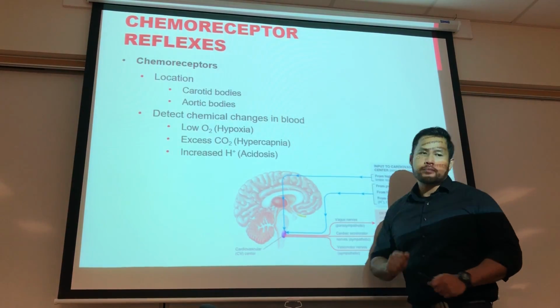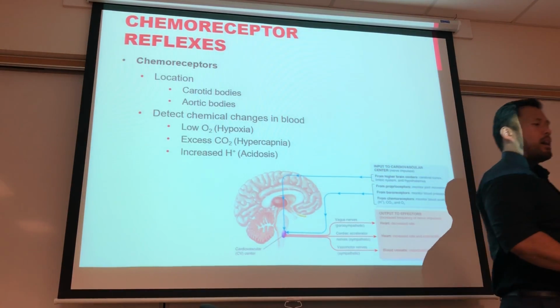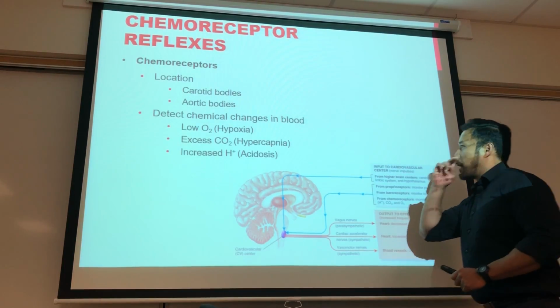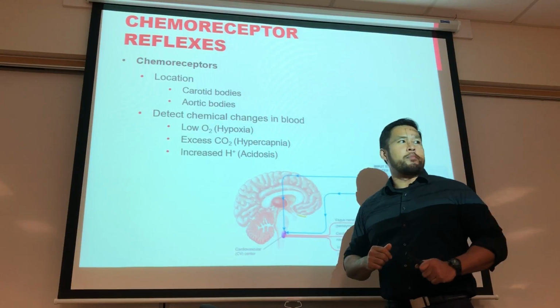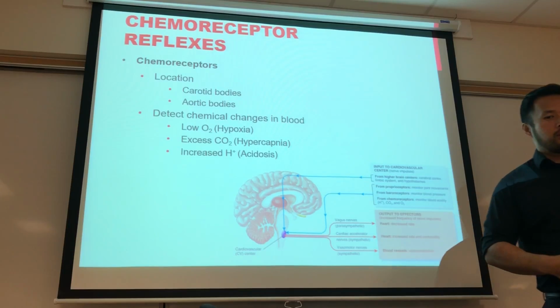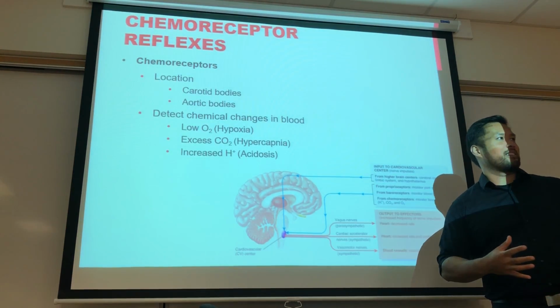Excess CO2. So looking at low O2 and excess CO2 in the case of high metabolism. So you've got, let's say in our systemic circulation, low O2 and more CO2 building up due to our tissues being cellularly, metabolically active.